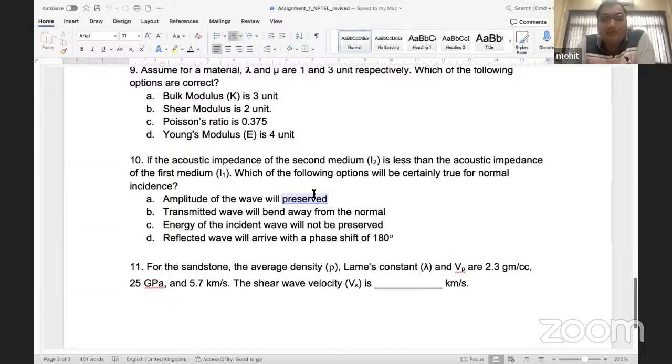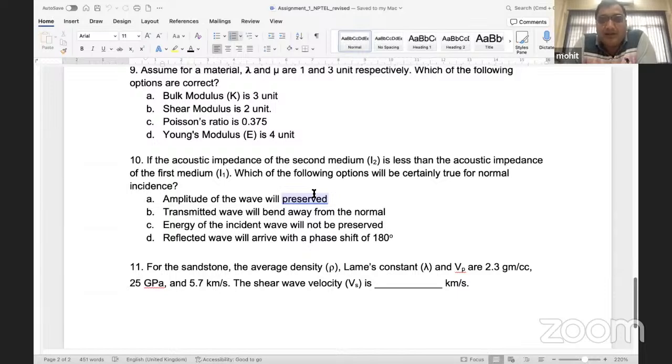That is not necessarily true. If you remember, we did talk about the energy flux. So energy per unit wave velocity should be conserved. So energy flux remains conserved. So the first option is incorrect.